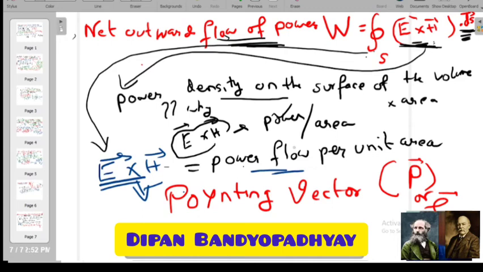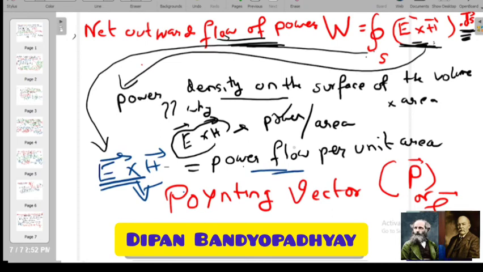It can happen that even though at some point on the surface P, meaning E cross H, exists, there is no net outward flow of power from that area. There is no net outward flow. This can be the scenario. At any point it is finite, but when I am talking about the net power flow from the area, that can be zero.